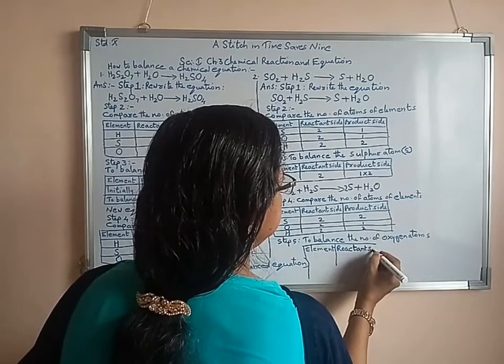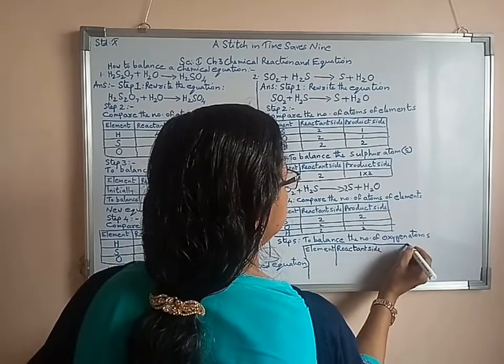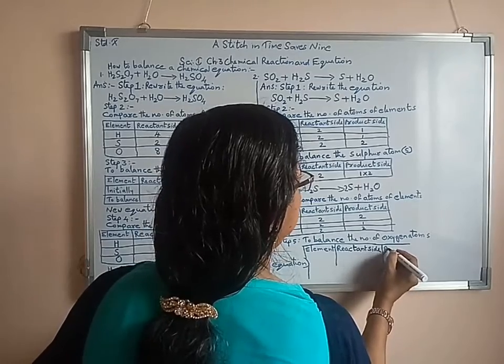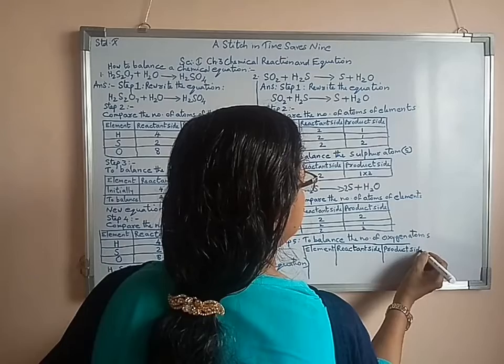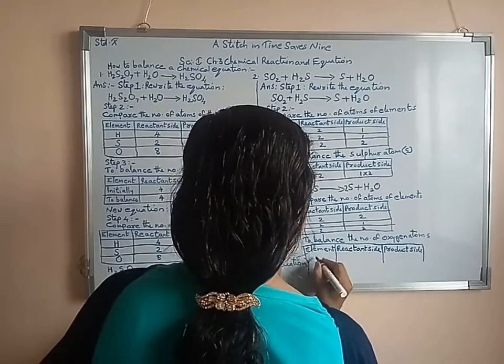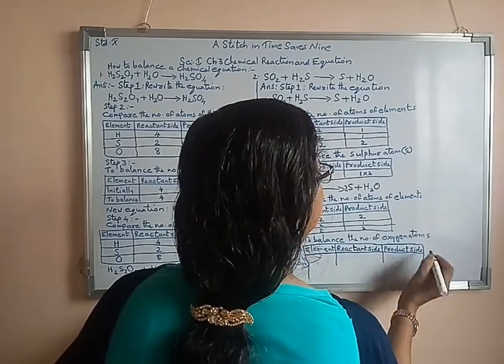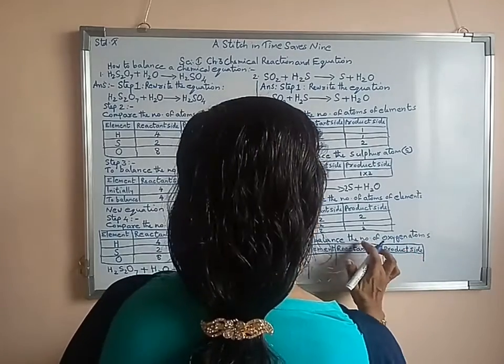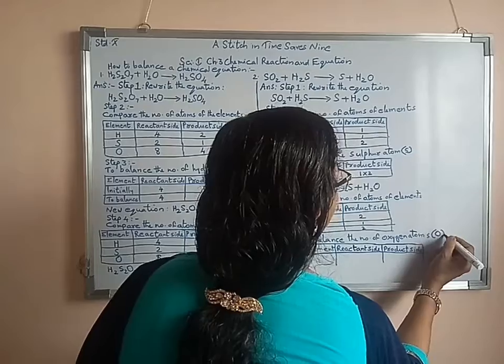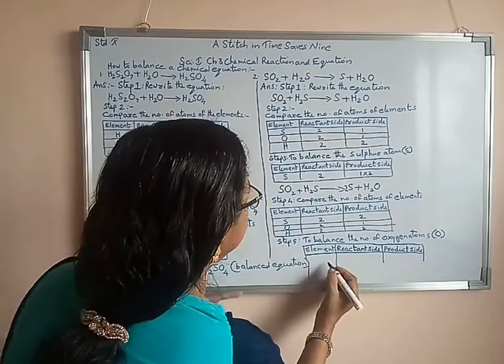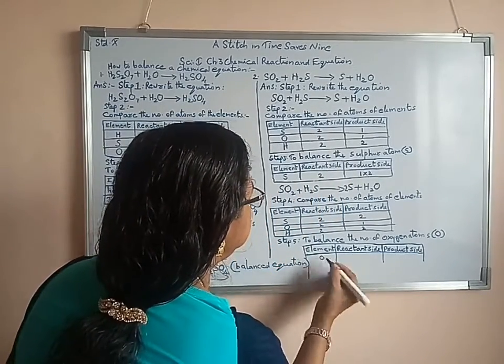Reactant side, here then product side. Now we are balancing, to balance the number of oxygen atoms. So in bracket I am writing O. Here the element now oxygen.